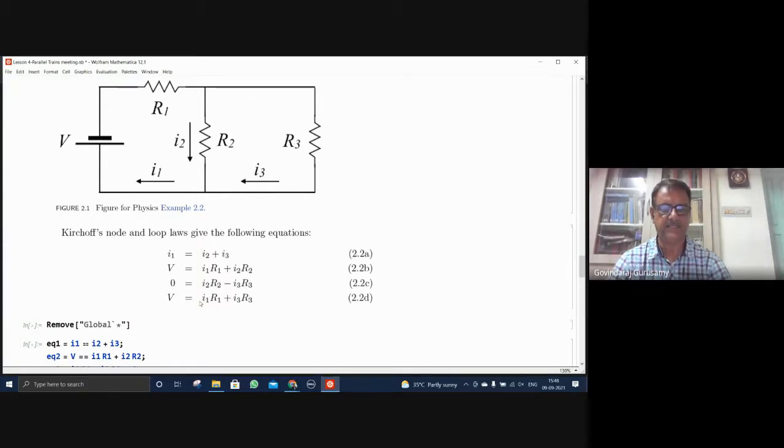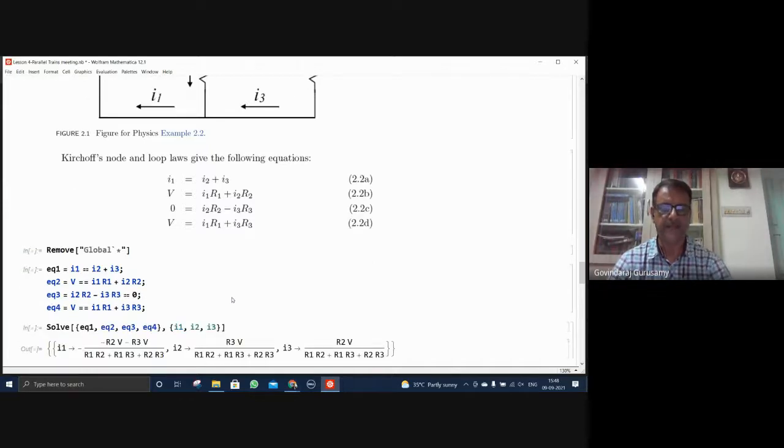And then B is I1 R1 plus I3 R3 across this, so the total voltage disappears. So these are the 4 equations. This can be solved for I1, I2, I3. 4 equations, 4 unknowns. As I said, define the equations: equation 1 double equal, this is double equal. Similarly, equation 2, equation 3, equation 4.